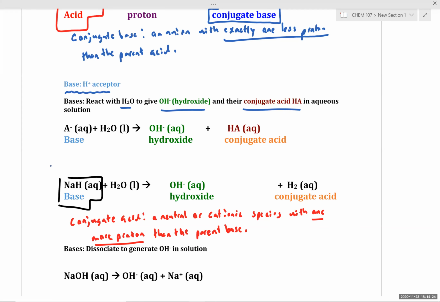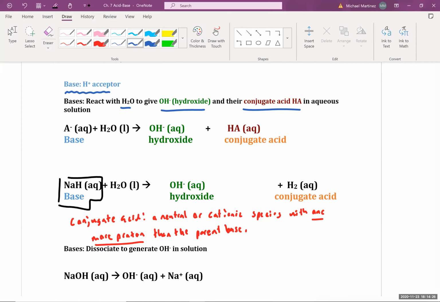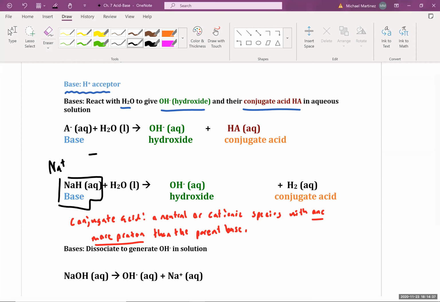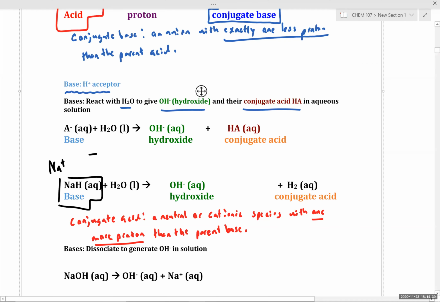So sodium has a +1 charge. So I see in the chat. So thinking about sodium hydride, we have sodium plus. And what's our anion? What has a negative charge? What is the basic anion in sodium hydride? So if sodium has a plus charge, what has the minus charge?